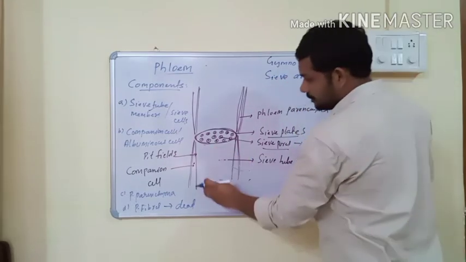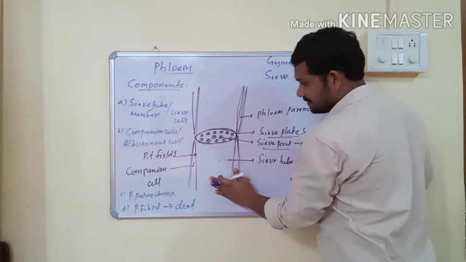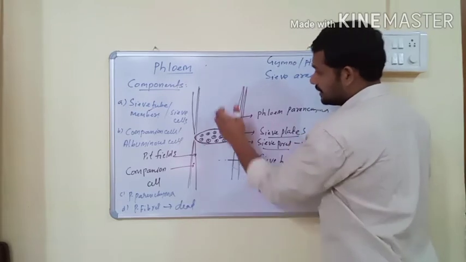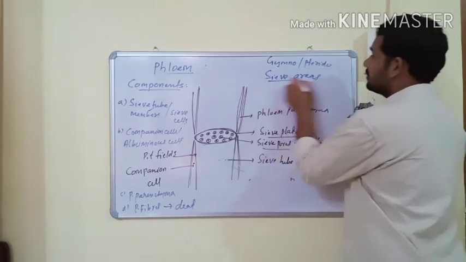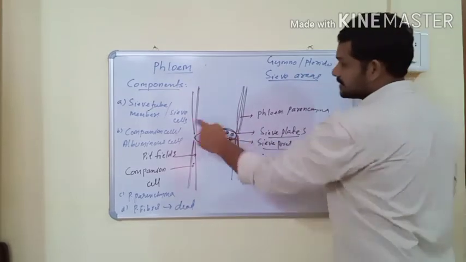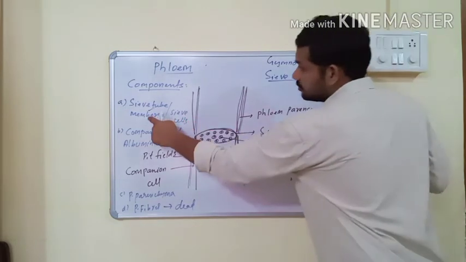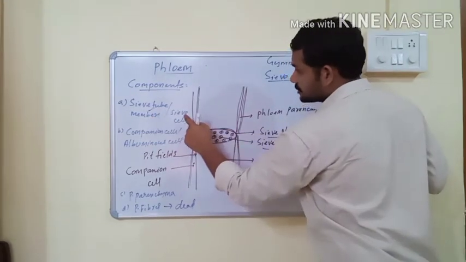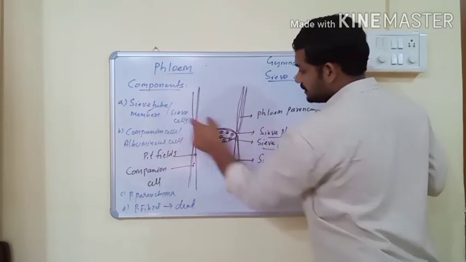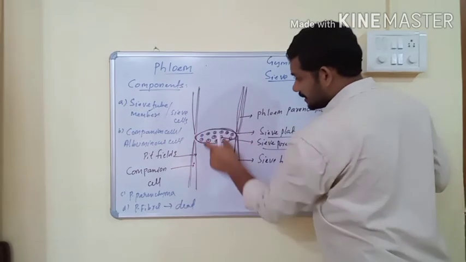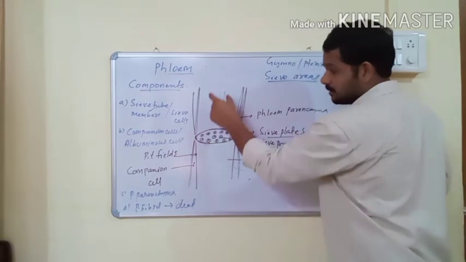If you observe, this is a sieve area, and this is a sieve cell. Adjacent sieve cells are connected by sieve areas. In sieve cells, sieve plates are absent. That's why sieve tube members are more advanced than sieve cells, due to the presence of sieve plates. If sieve plates are present, they are arranged in a concentric or particular manner.